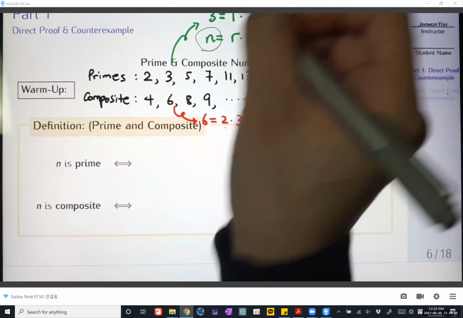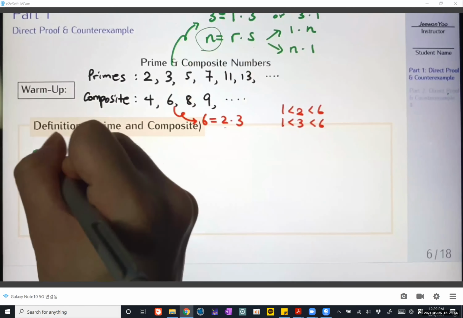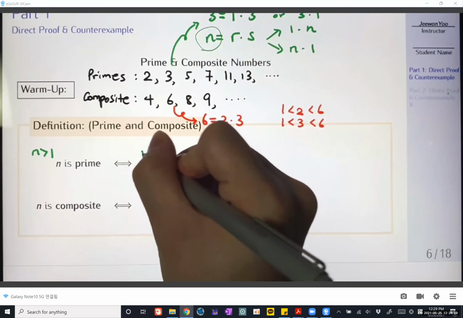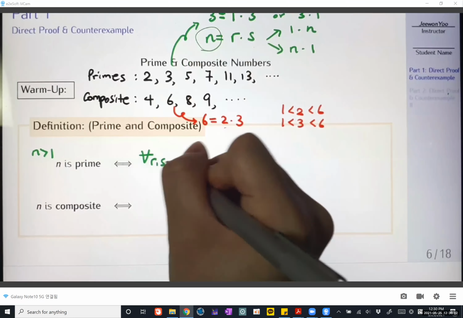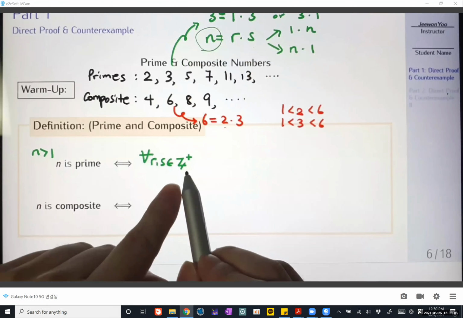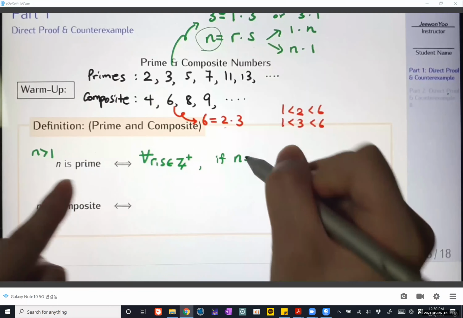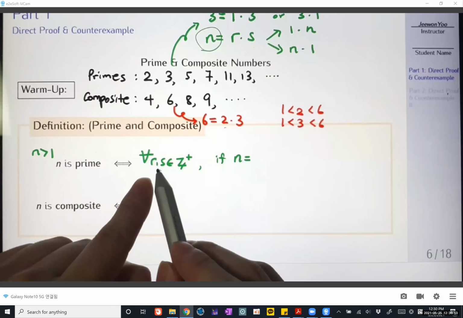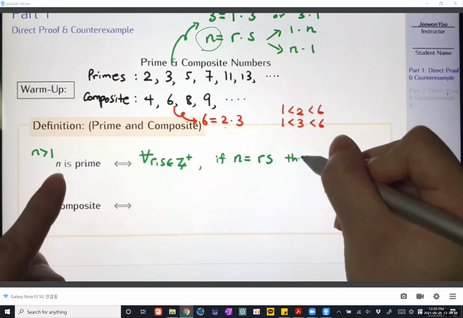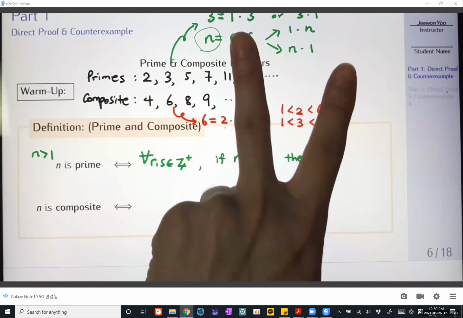Okay? We say n is a prime number. Of course, n must be more than 1. You guys know that. For all r, s in the positive integer set, if you can represent the number n to be the product of r and s, say r times s, then we have only two cases.